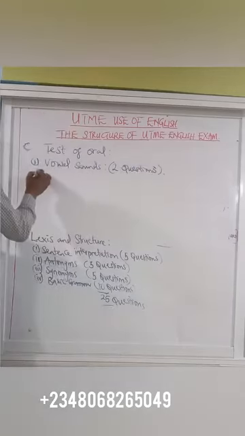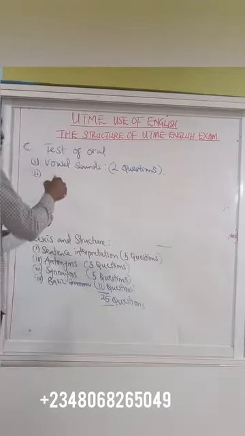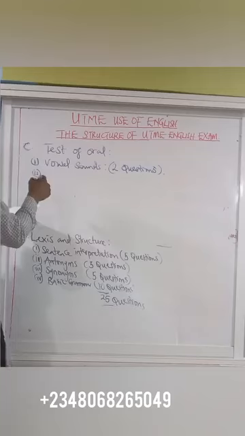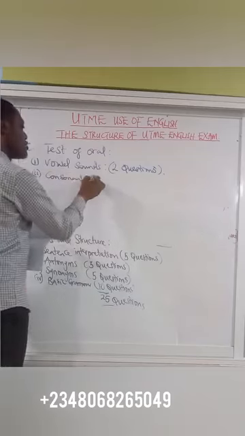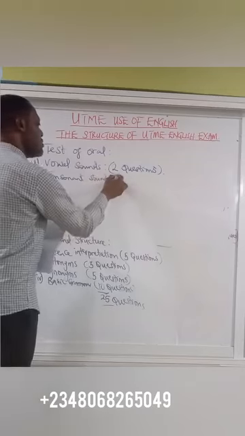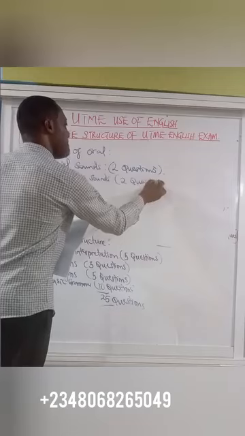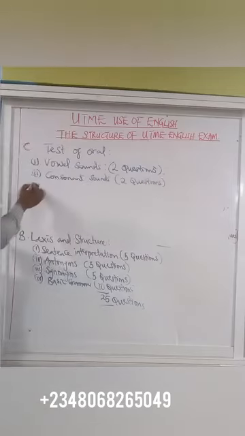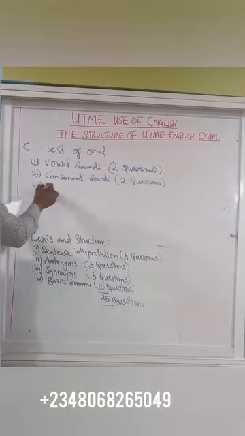Okay, for part 2 of this test of oral, we have consonant sounds. Consonant sounds, we have 2 questions as well. And for number 3, we have rhymes.